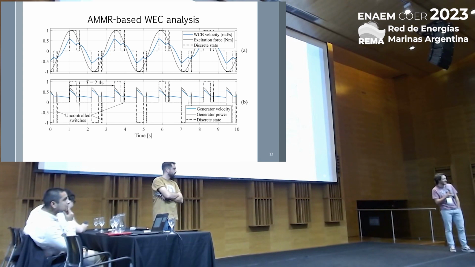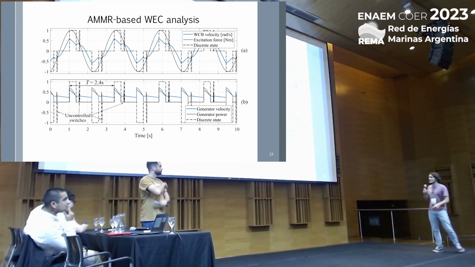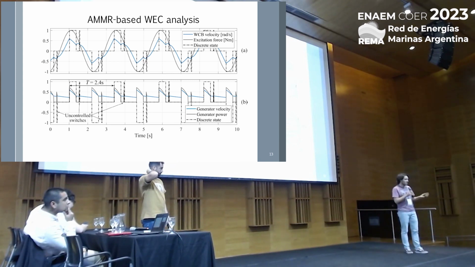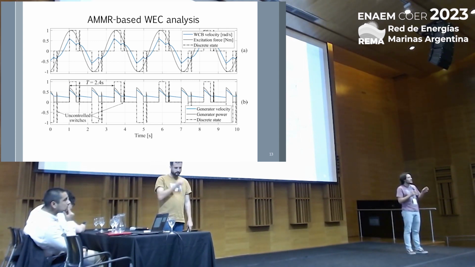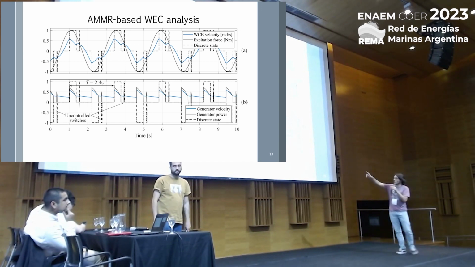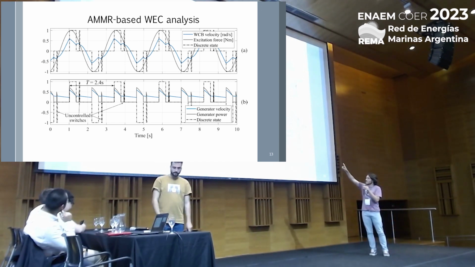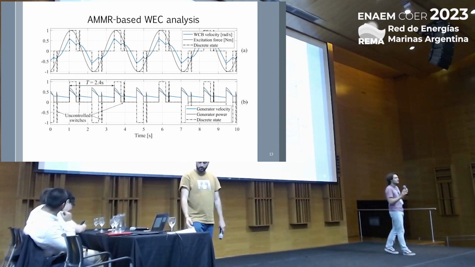No, that's the main. Okay, so this is an illustrative example, first of all. We wanted to analyze what kind of things may happen in the system. So, for instance, this abrupt change in the velocity that you have right there is not something that we would like to have.